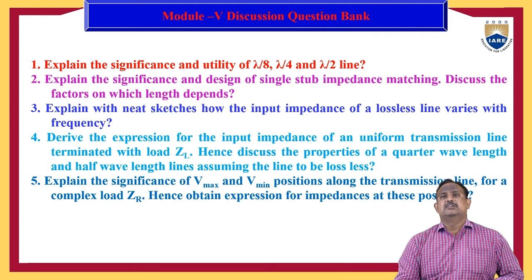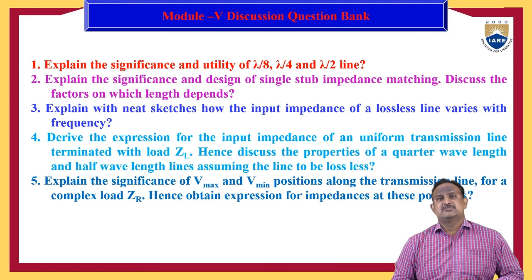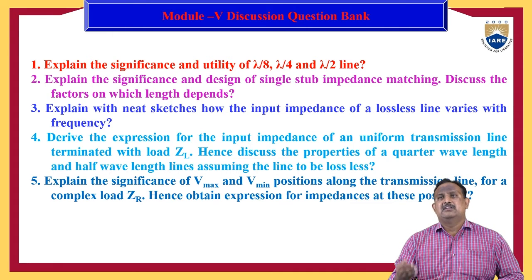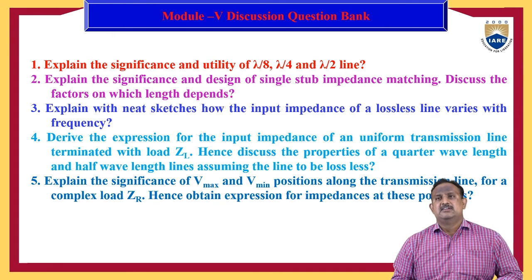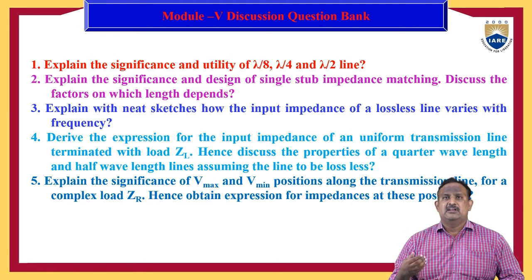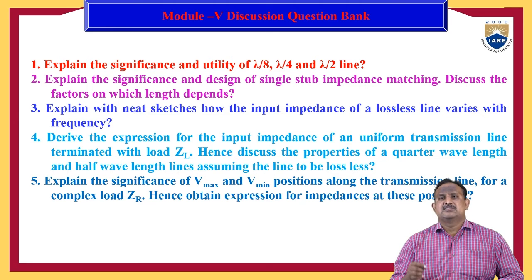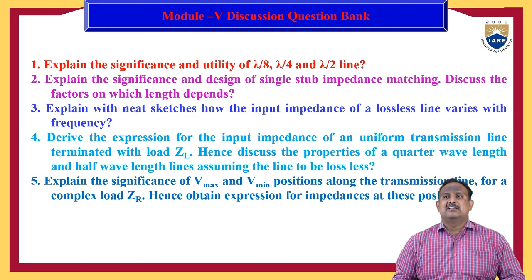Some important derivations in transmission lines 2 are as follows. Explain the significance and utility of different lengths of lines: lambda by 8 line, lambda by 4 line, and lambda by 2 line. Explain the significance in the design of single stub matching and double stub matching. Explain with sketches how the input impedance of a lossless line varies with frequency.